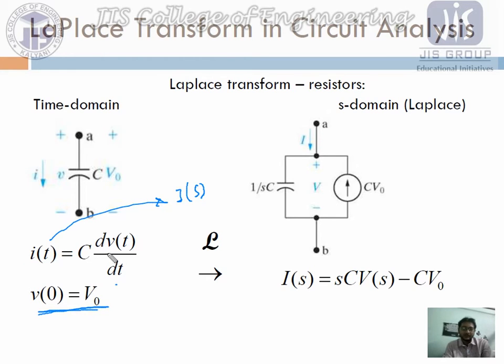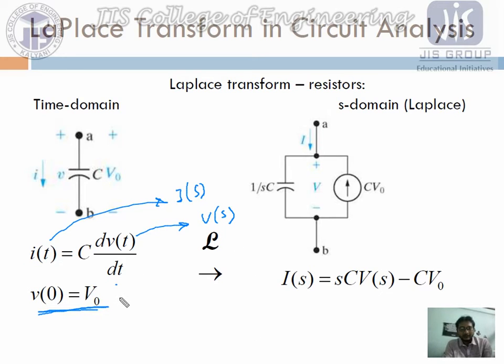C will be there as it is, and V of t becomes V of S, but there is the derivative portion. As we have seen for the inductor, when there is a derivative portion, we can write C multiplied with S into V of S.